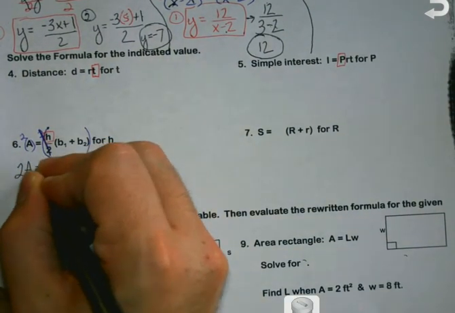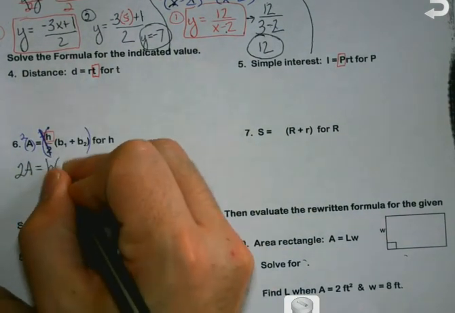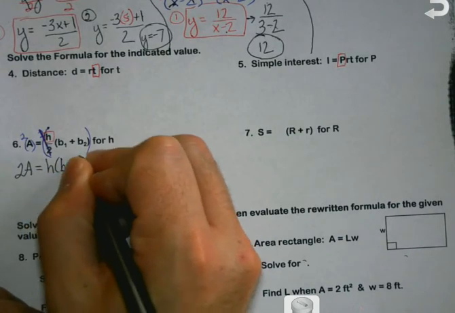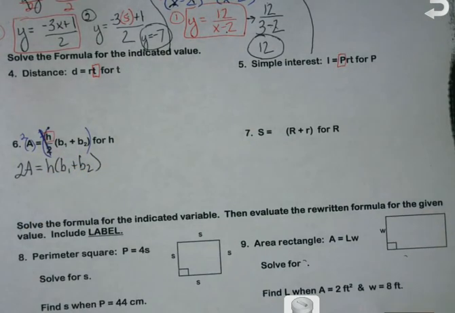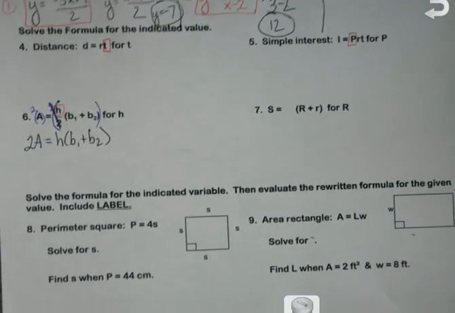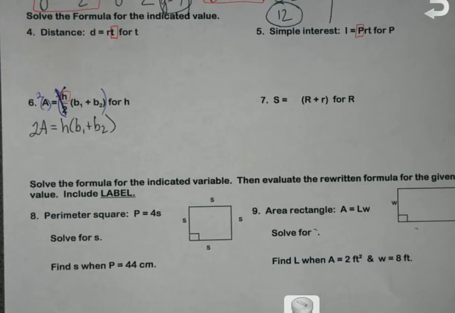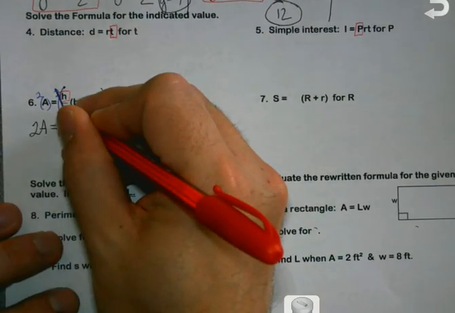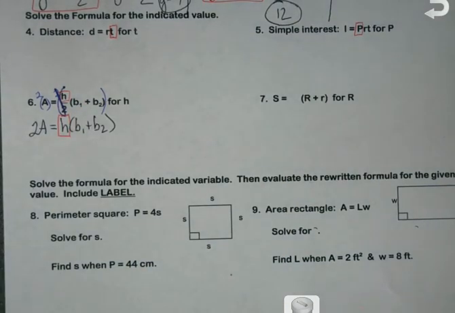So 2a, got rid of the fraction on the right. But then I got to keep in mind for myself, because you may think about distributing next, but think about what the goal is. The goal is to get h alone.